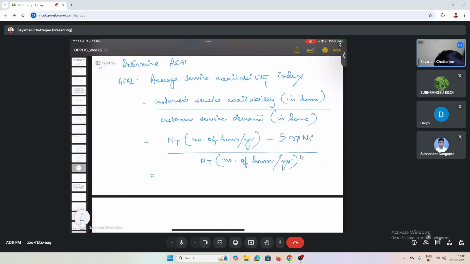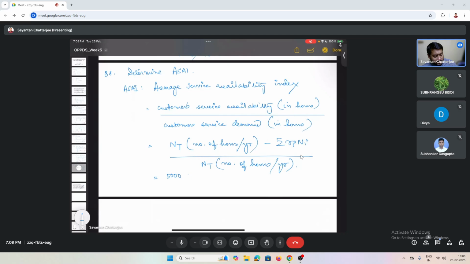As we all know, N_T has the value of 5000. And the number of hours in a year is 8760, which is 24 into 365.